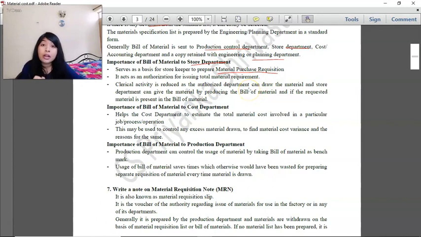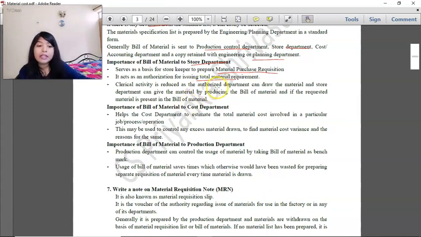Means he is going to understand how many purchase orders he needs to place to get all the materials which are required. Okay, and it also acts as an authorization for issuing total material requirements. It's like the head office is basically giving an authority to the store department to issue this much quantity of the materials.